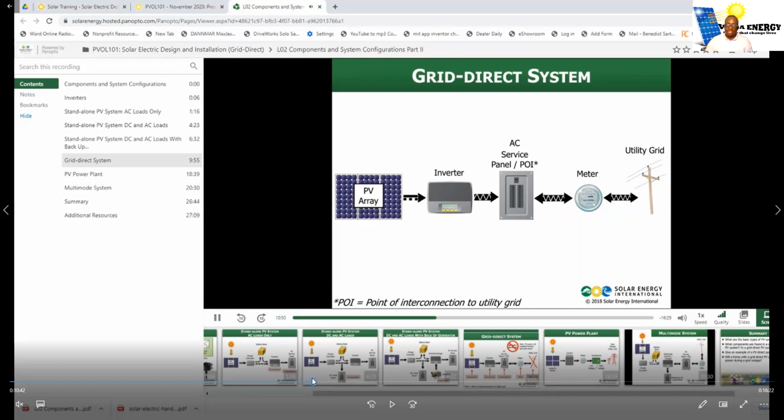Then you have the utility grid that sends AC current to your meter, and the meter also sends AC into your service box. What this means is that when the sun is shining, you will have a lot of current provided by your PV array.